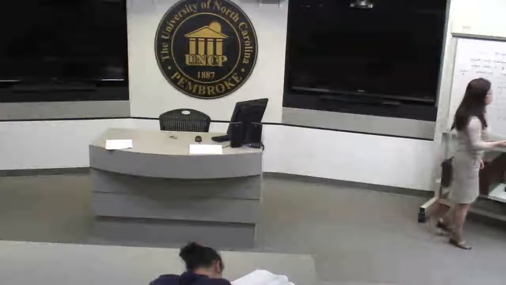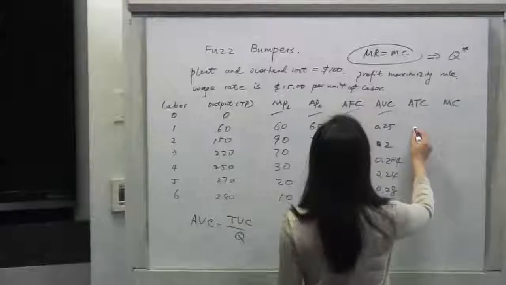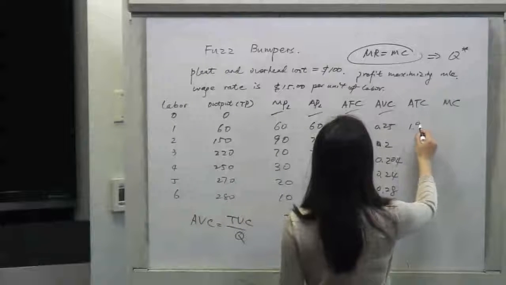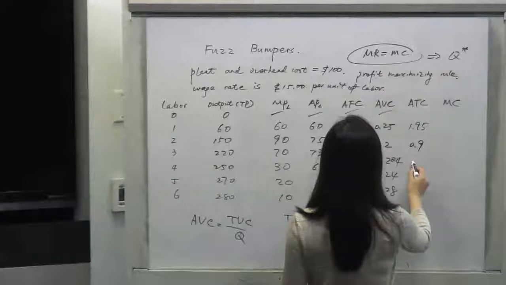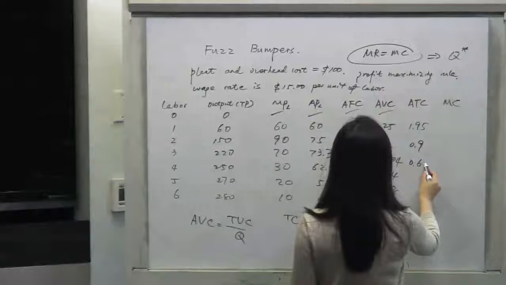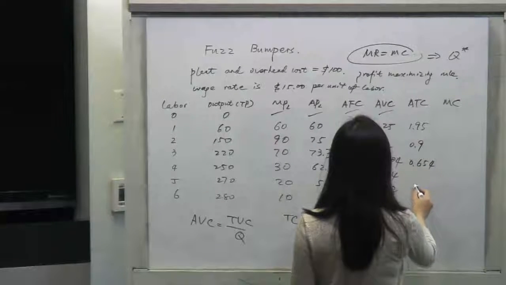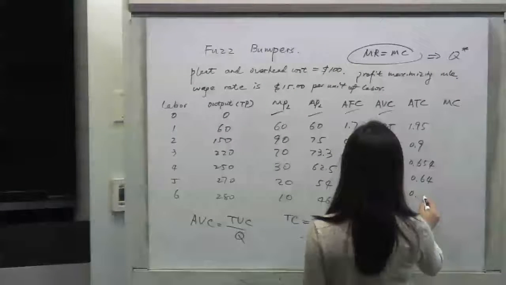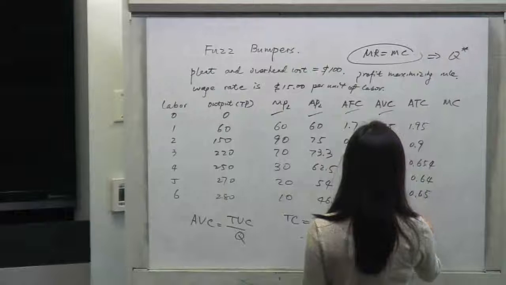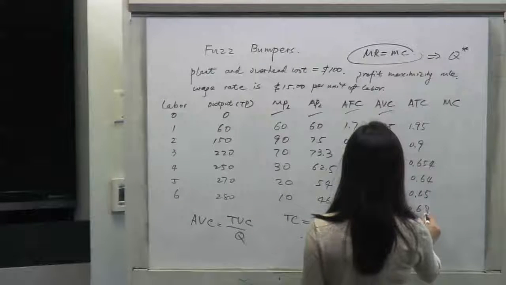Okay, so what is ATC? 1.95. The next one 0.9, right? Next one is 0.654, 0.64, 0.65, 0.68.